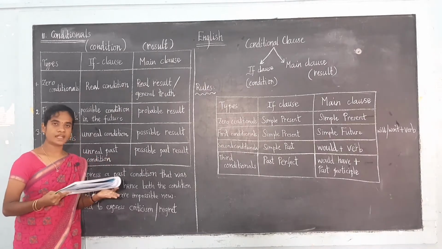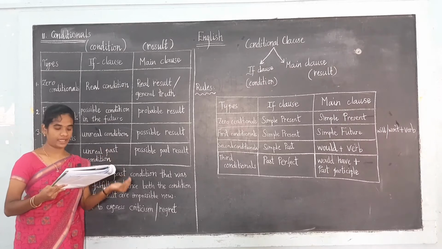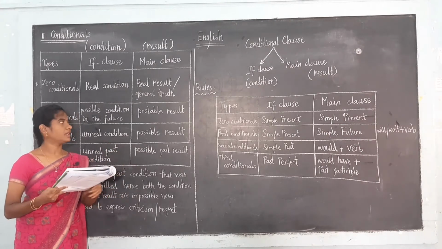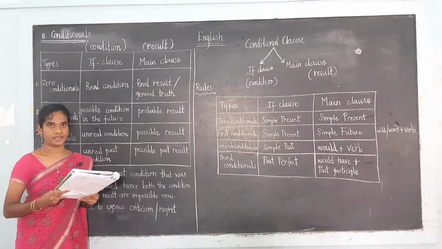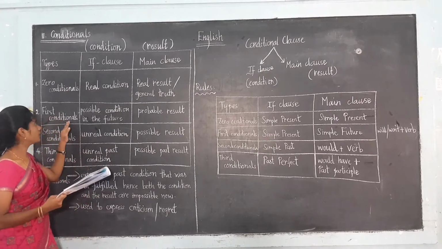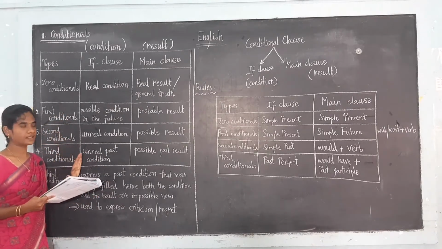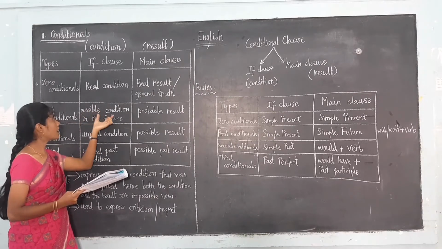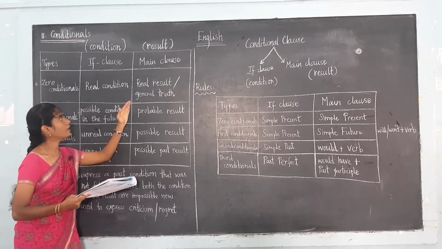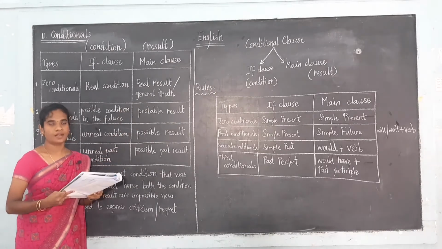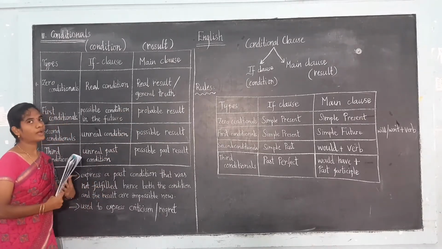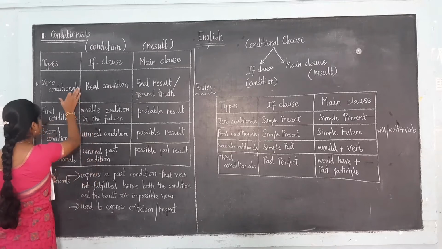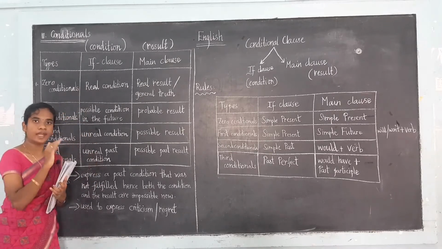It is the possible condition in the future, and being late is the probable result. So the first conditional has an if clause that states the possible condition in the future, and the main clause states its probable result. And one more point: zero conditional and first conditional are the real ones.